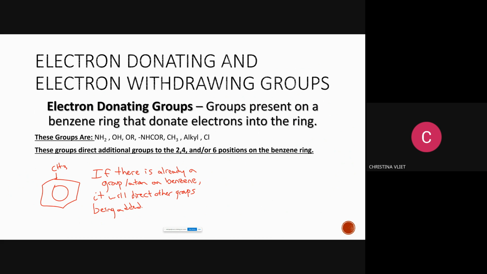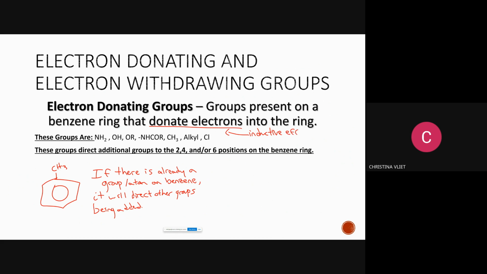An electron donating group is a group present on the benzene ring that donates electrons. We've heard this idea before, when we heard about the inductive effect. You remember the inductive effect back in AS chemistry?